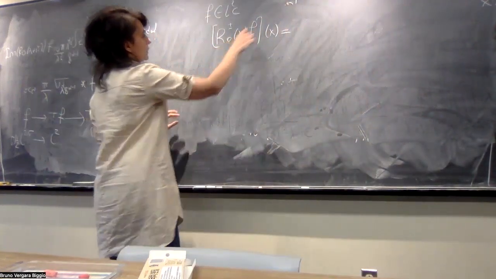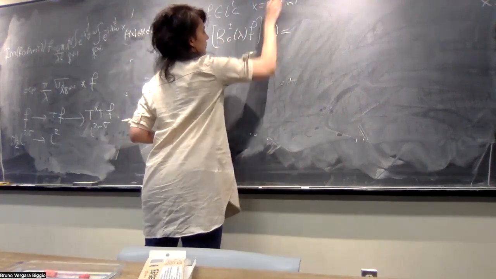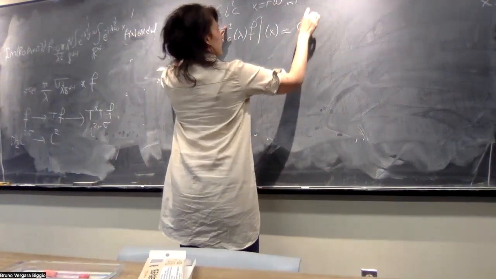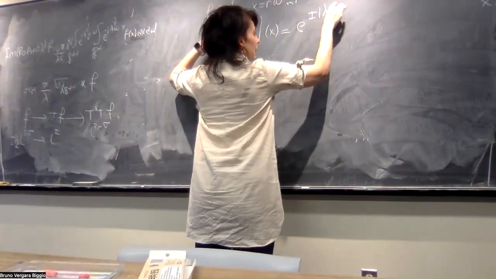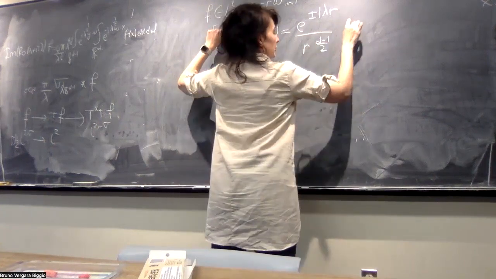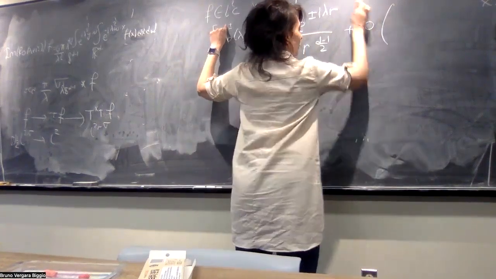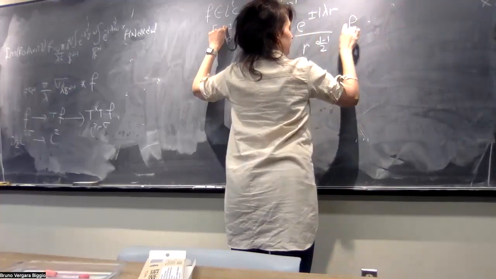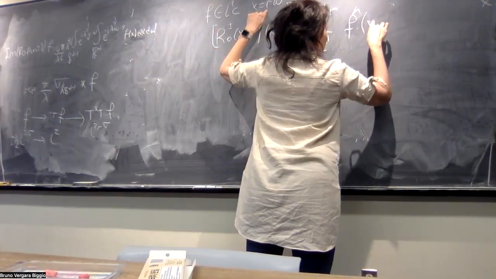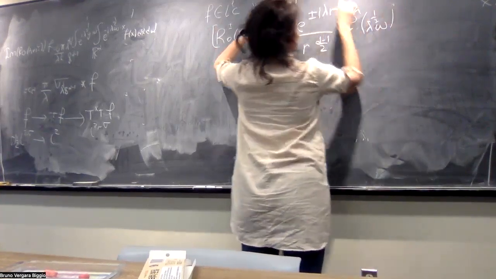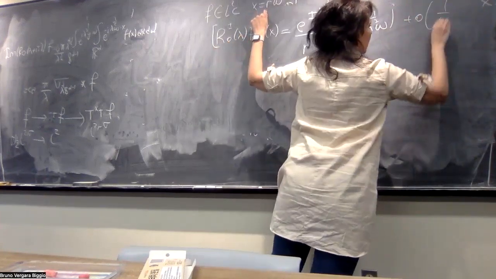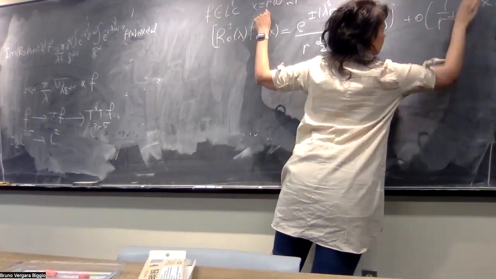And if I say x is equal to r times omega, so basically this is how it's going to look. So I will have e to the plus and minus i lambda r over r to the (d minus 1)/2, plus f of lambda omega, again with these (d minus 1)/2, plus of 1 over r to the (d plus 1)/2.